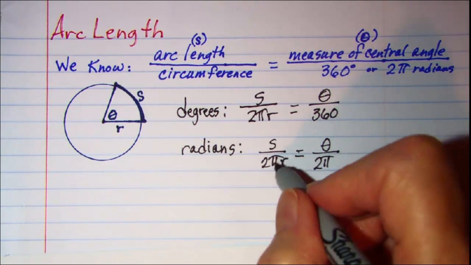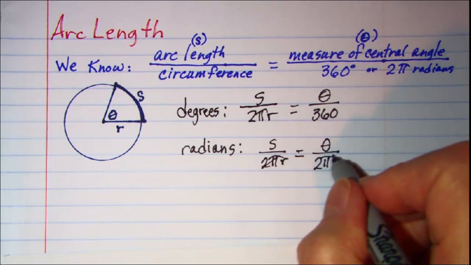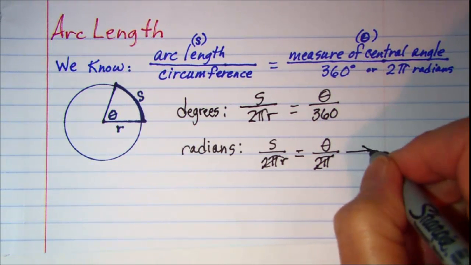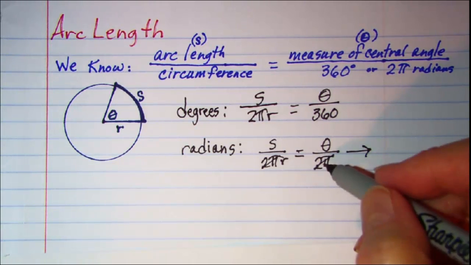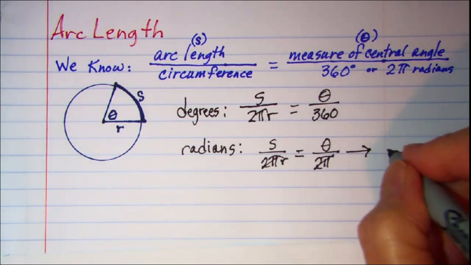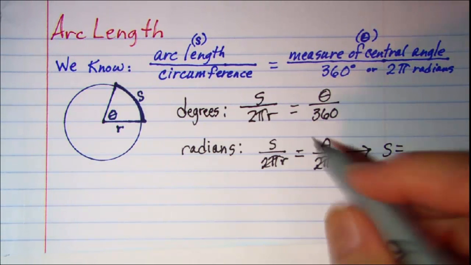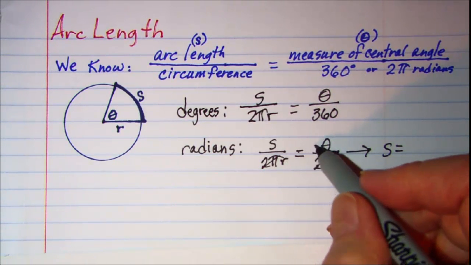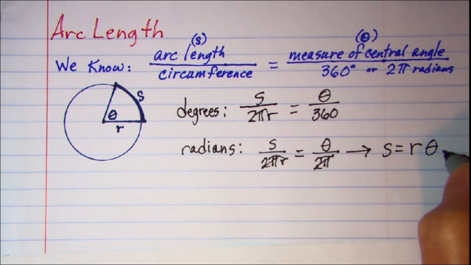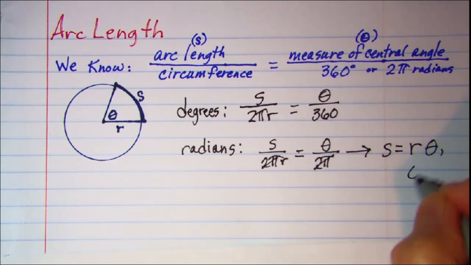Now notice that the 2 pi's cancel, and I get a formula for arc length. We can cross multiply. S times 1 is equal to r times theta. So this formula we can use for theta in radians.